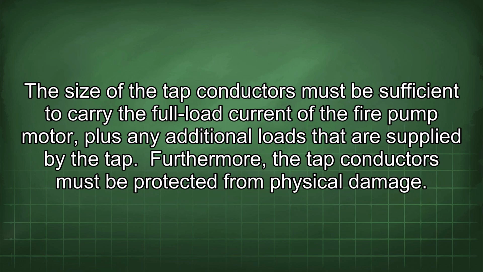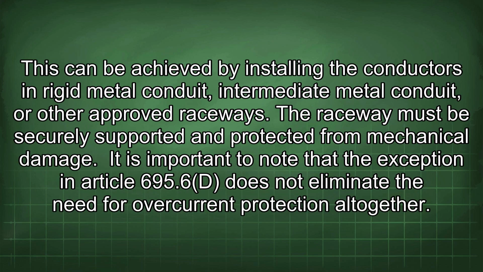The size of the tap conductors must be sufficient to carry the full load current of the fire pump motor, plus any additional loads that are supplied by the tap. Furthermore, the tap conductors must be protected from physical damage. This can be achieved by installing the conductors in rigid metal conduit, intermediate metal conduit, or other approved raceways. The raceway must be securely supported and protected from mechanical damage.